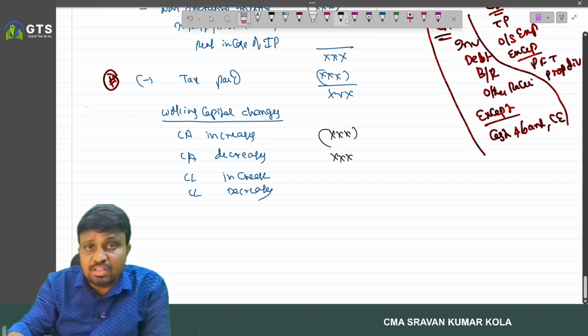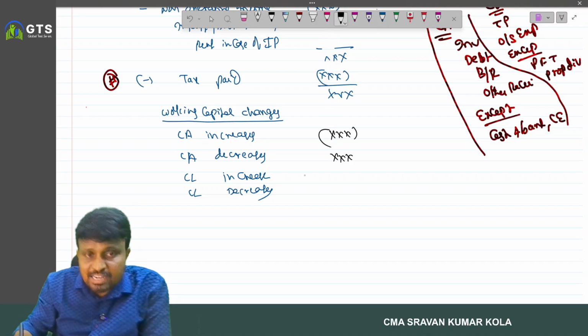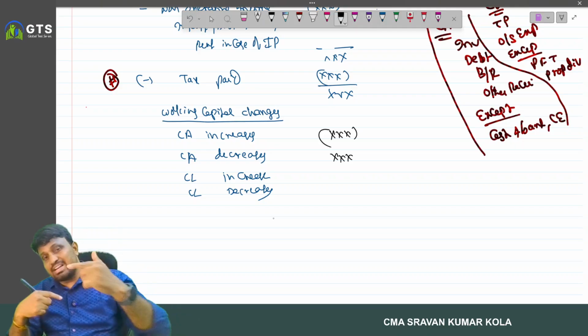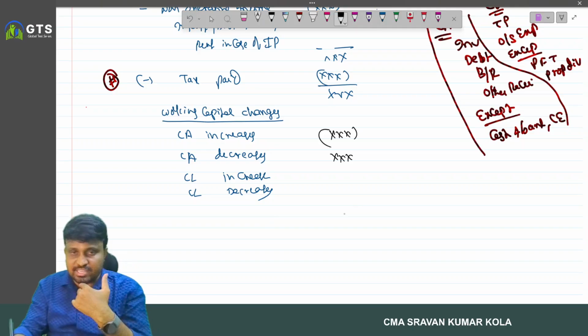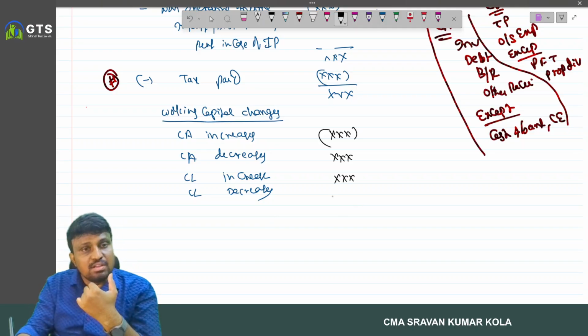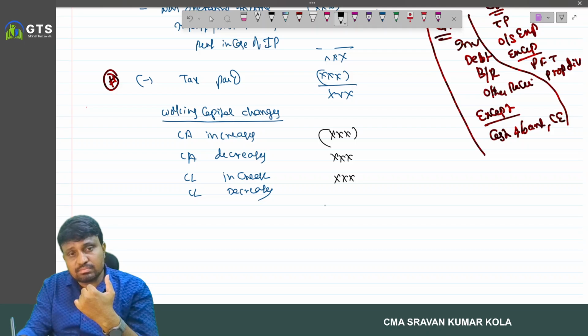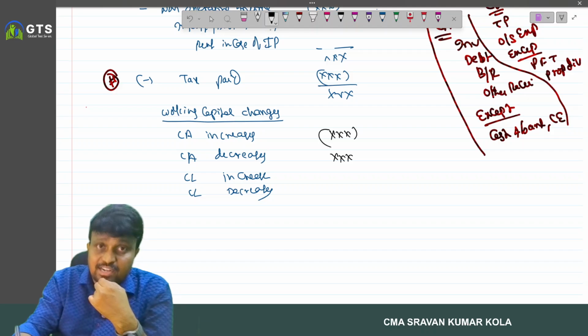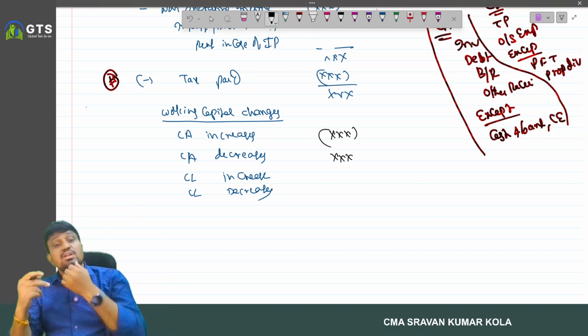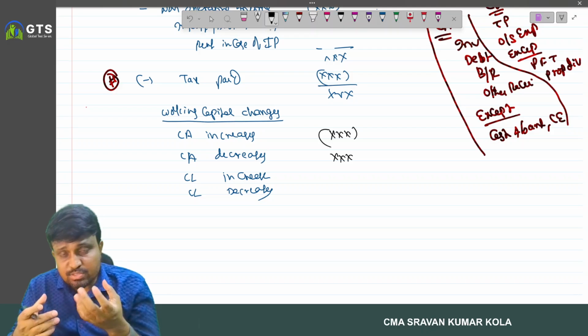Treated as what? Inflow. And another one, current liability increases. Current liability increases means what?